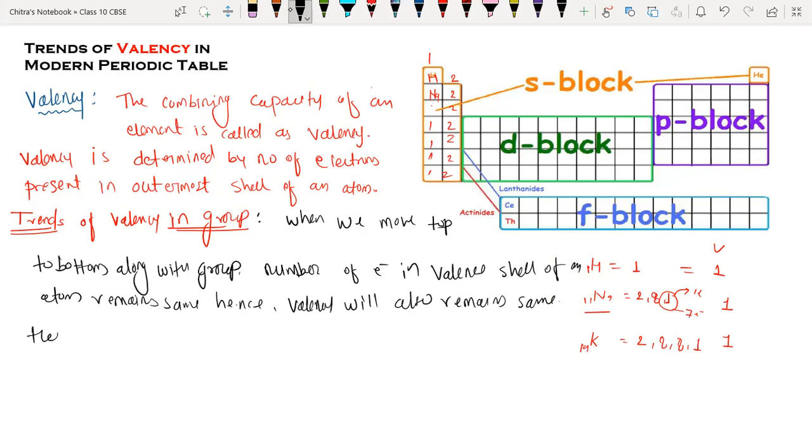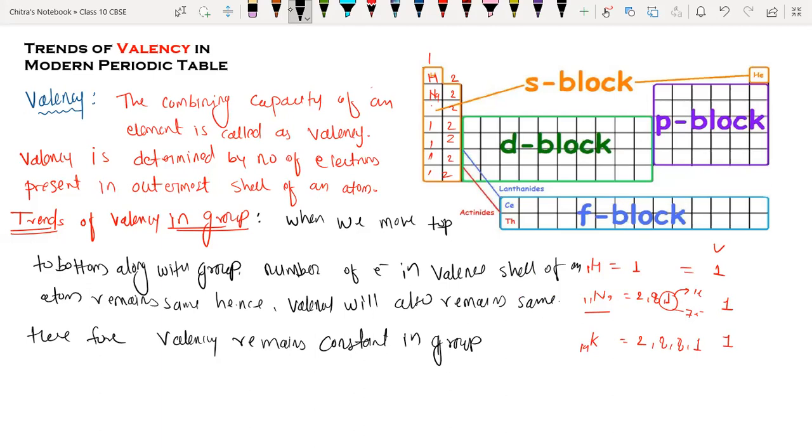Therefore valency does not change. Valency remains constant in a group.